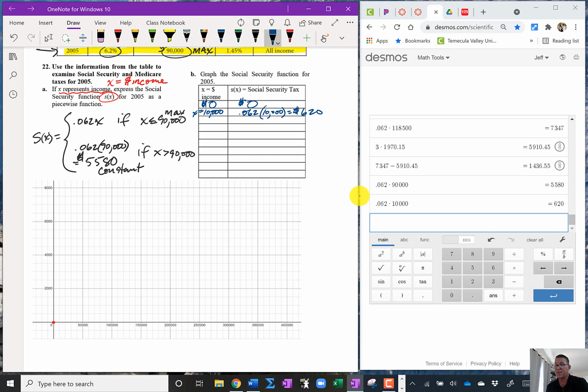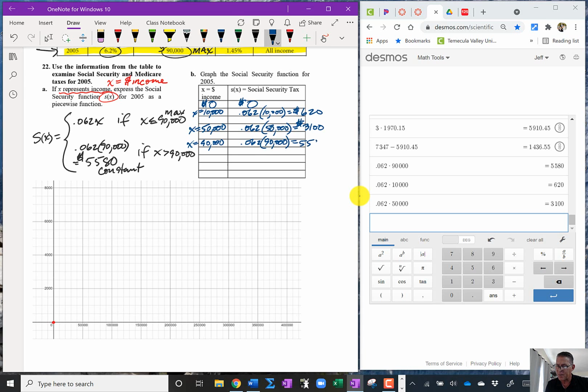If you're going to plot these, 0, 0 is your first point. And then 50,000 comma 3,100. So you go over 50,000, up 3,100. I chose the scale of the graph to make it nice for you because the numbers get big. Notice that the scale on this graph is 500. So 0, 500, 1,000, 1,500, 2,000. Every grid line is 500. Go ahead and label it so you can graph this and approximate it. So you go right 10,000, up 620.